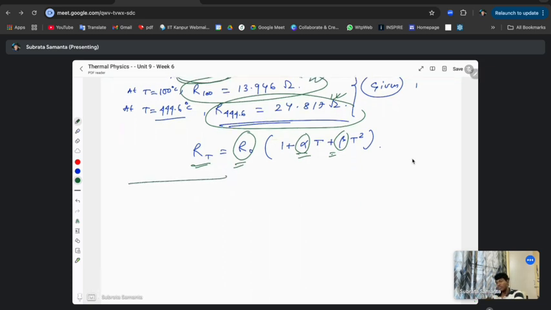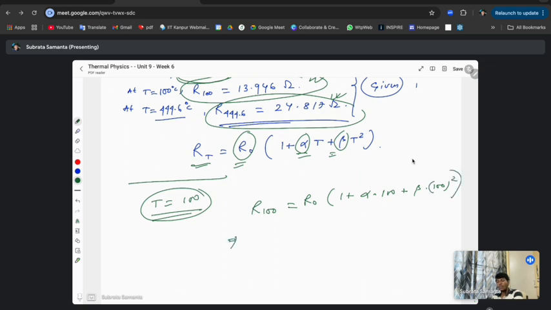First use T equals 100. Then R100 equals R0 times (1 plus alpha times 100 plus beta times 100 squared).